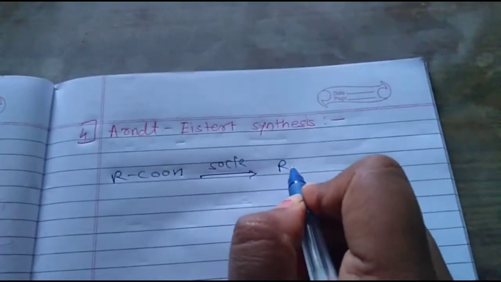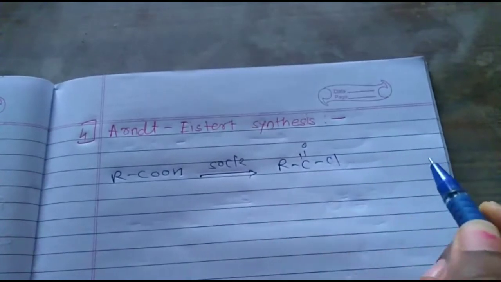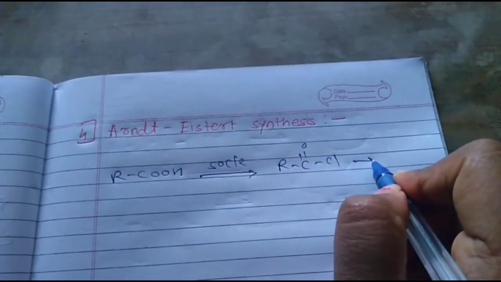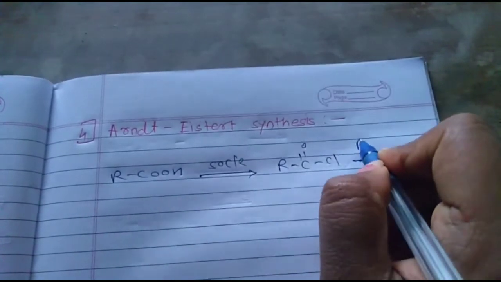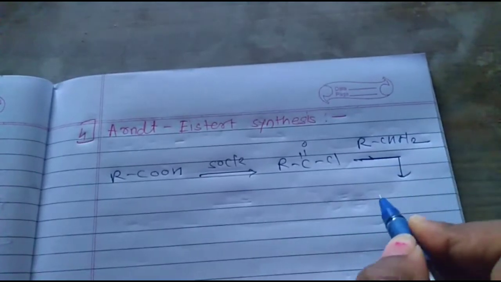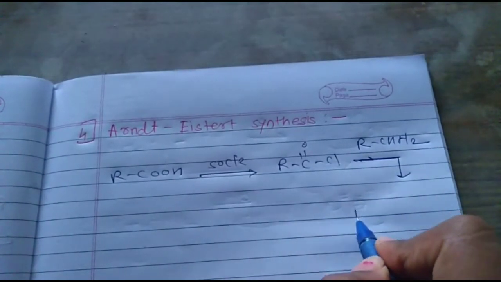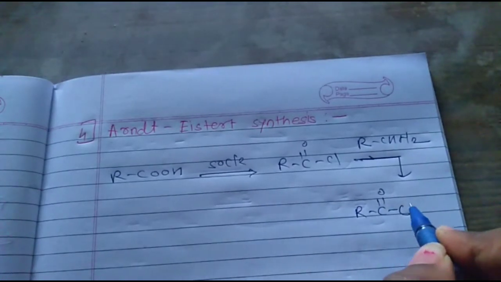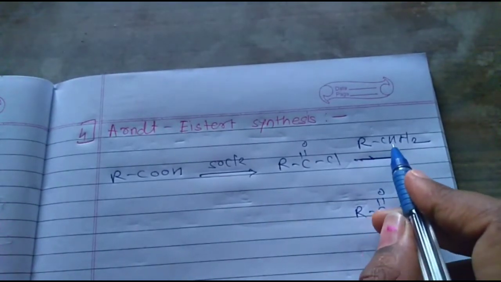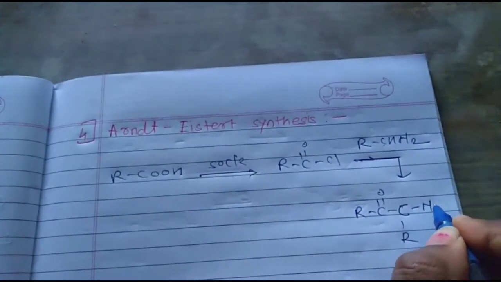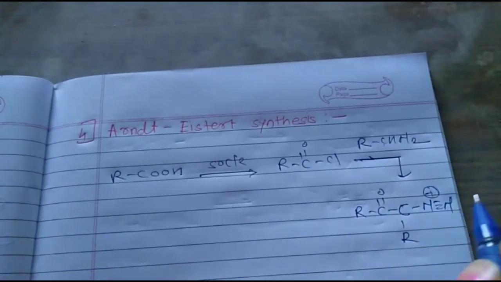There is a formation of RCOCl. Next, this is reacted with CH2N2. Then there is a formation of RCOCHN2, where this carbon is attached to the R group, and here N triple bond N plus.